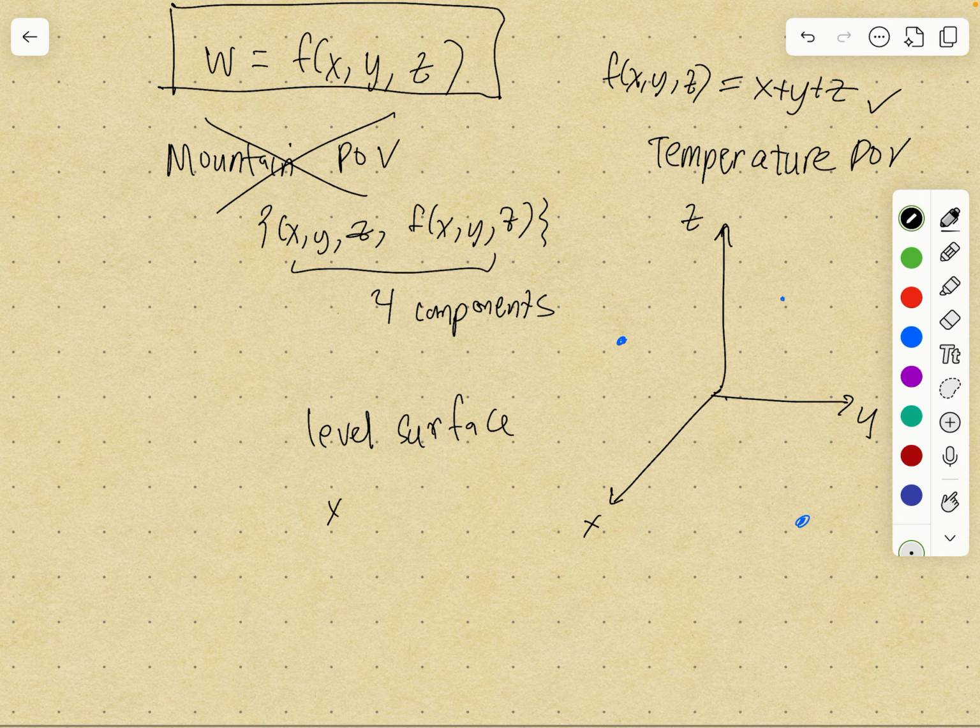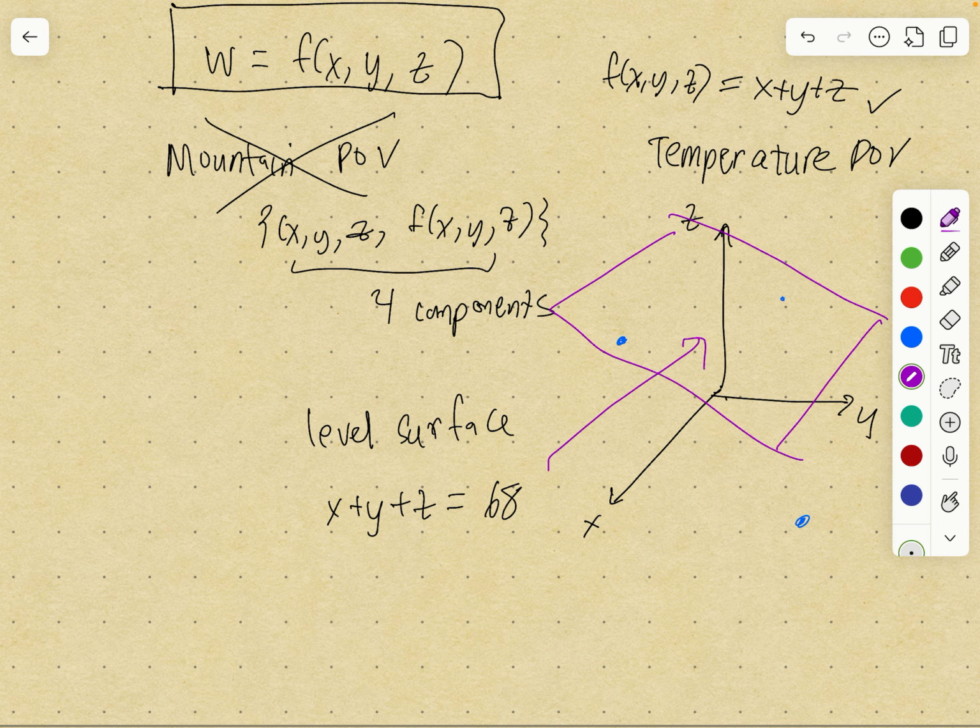So for instance, if you have x plus y plus z equals 68, so if you're using Fahrenheit, or whatever, it doesn't actually matter. The point is that x plus y plus z equals 68 is going to be some plane. It's a plane, and all the points on this plane are where the temperature is 68.